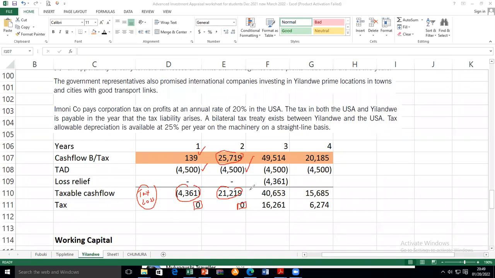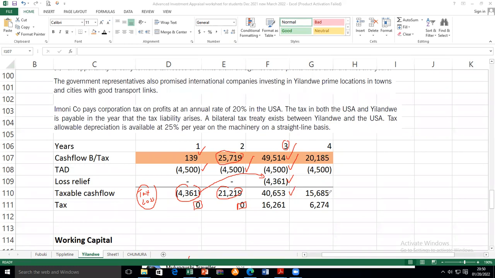Now look at the presentation. I want to talk about the presentation. So this loss has come here. So the amount on which tax will be calculated in year 3 is the profit for that year, less tax allowed depreciation, less the loss relief. So the tax now will be paid on that amount.